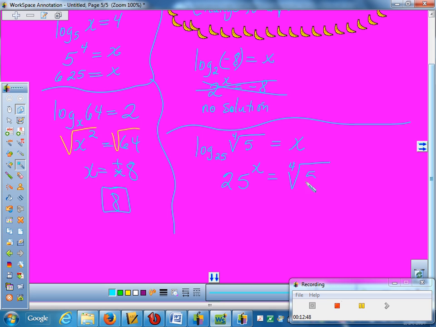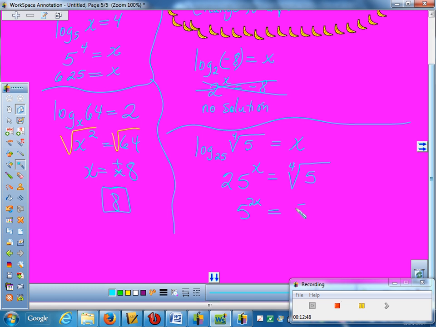Wrote that wrong. Okay. Remember I told you that yesterday's problems were coming back? This is yesterday's problems. You have to make it have a common base before you can solve it. So you must rewrite it with smaller numbers. 25 would become 5 to the 2x, because it would be 5 squared.